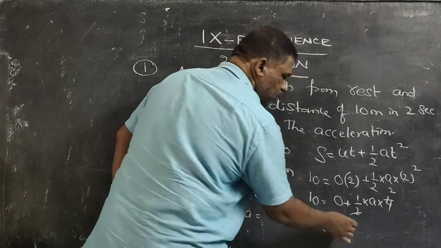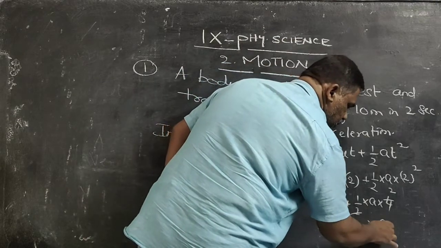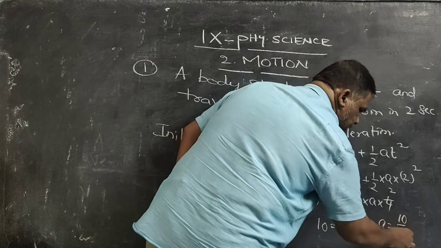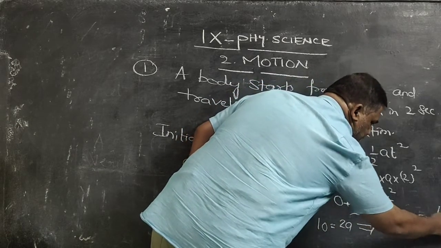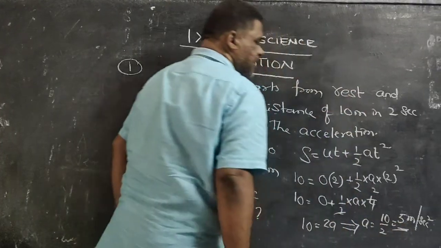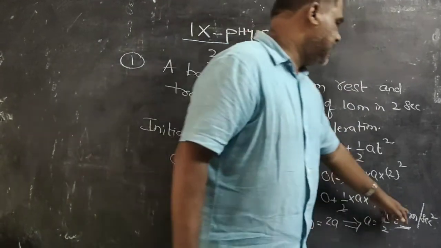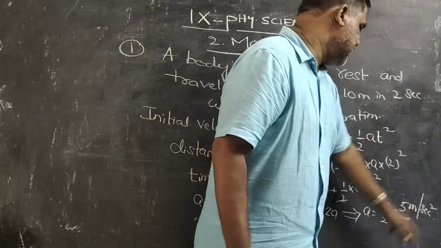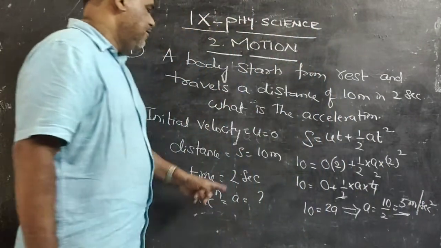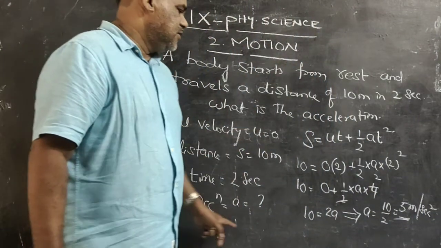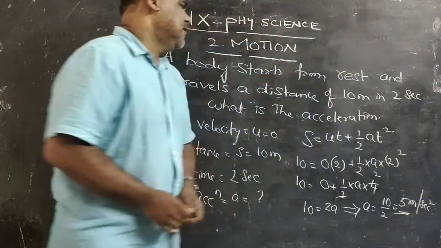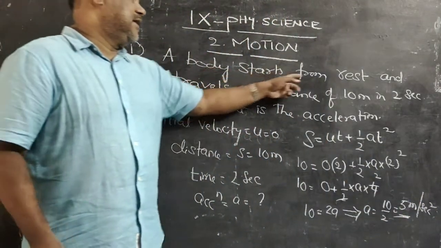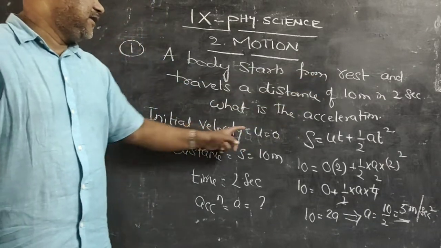If we send 2 to this side, A is equal to 10 by 2, that is 5. For acceleration, units are centimeters per second square or meters per second square. Here information is given in meters, so acceleration is 5 meters per second square. So whenever a body is at rest, we have to take initial velocity 0.